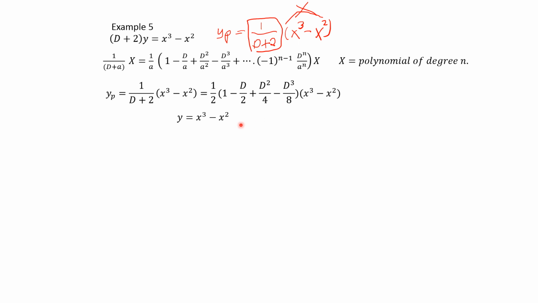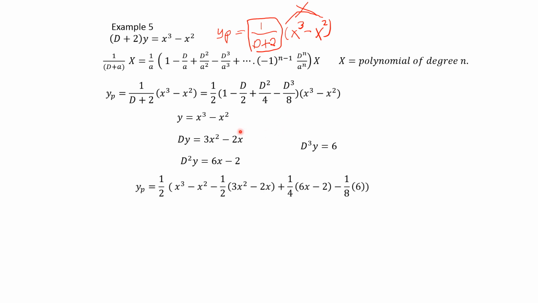So if you let y = x³ − x², we need the first derivative. Your first derivative is 3x² − 2x. The second derivative is 6x − 2. And the third derivative is 6. Of course, the fourth derivative is 0. That's the reason why we stop here at D³ over 8.